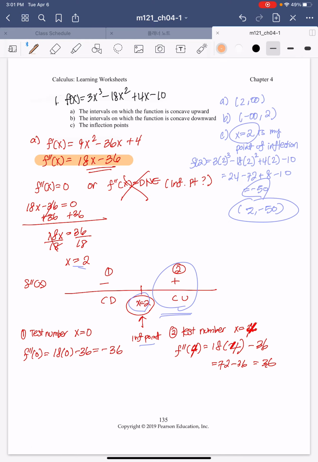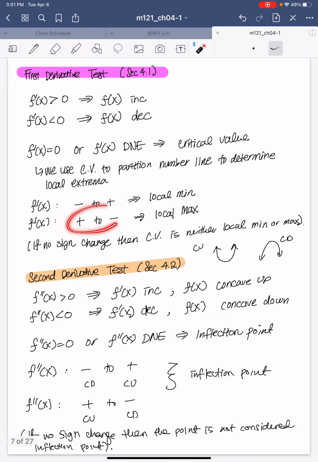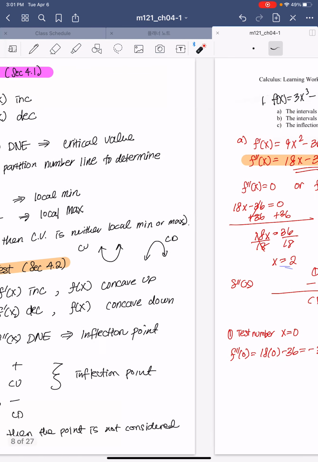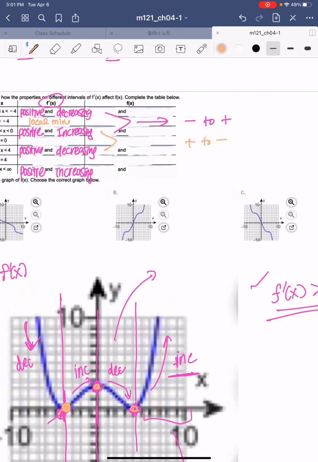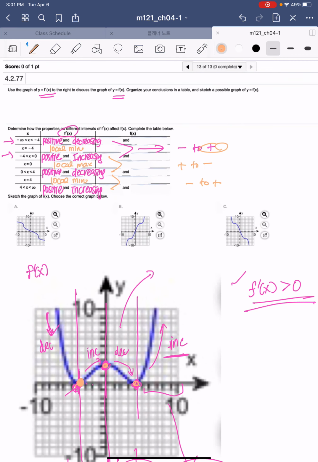Increasing to decreasing, we have a local max. So that point over here will be a local max. Okay. And then here we have decreasing to increasing. So it's just like this one over here. So this will be a local min. Okay. So that's the first column.